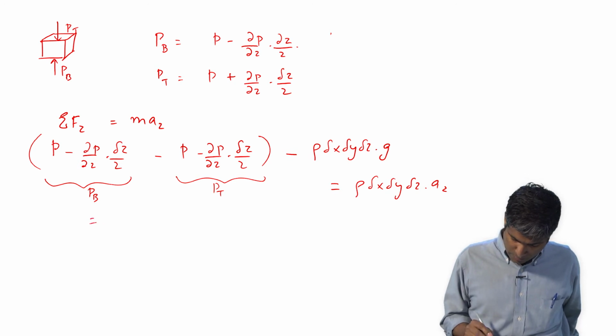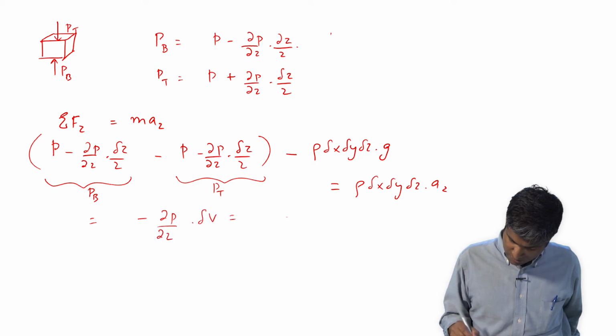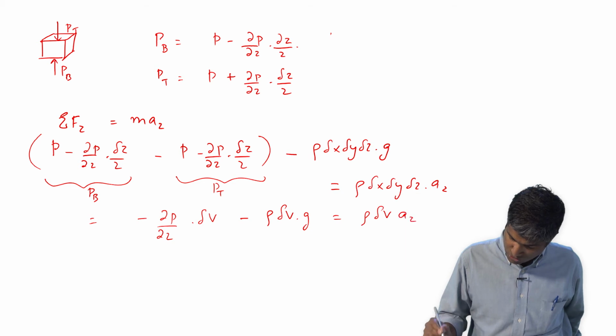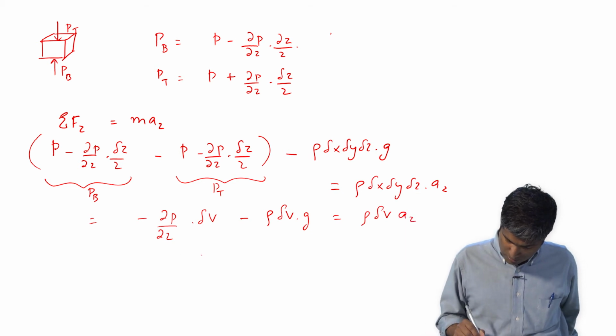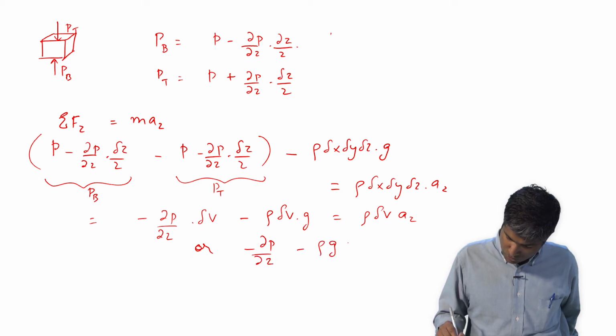And so I get minus ∂P/∂z times ΔV equals minus rho ΔV g plus rho ΔV az, or minus ∂P/∂z minus rho g equals rho az.